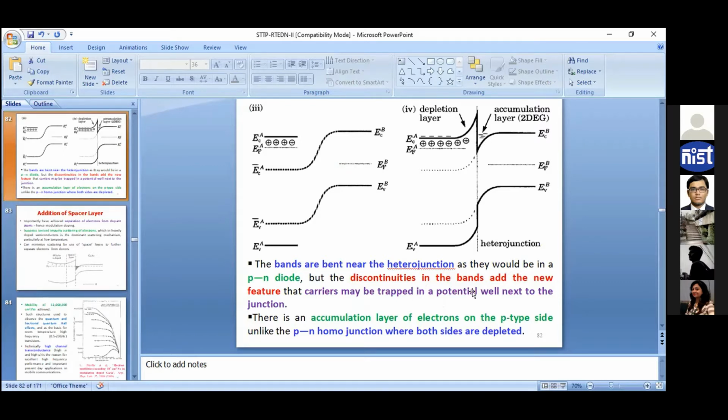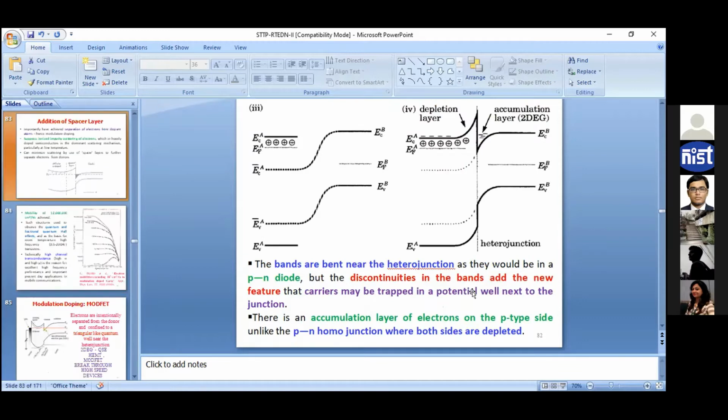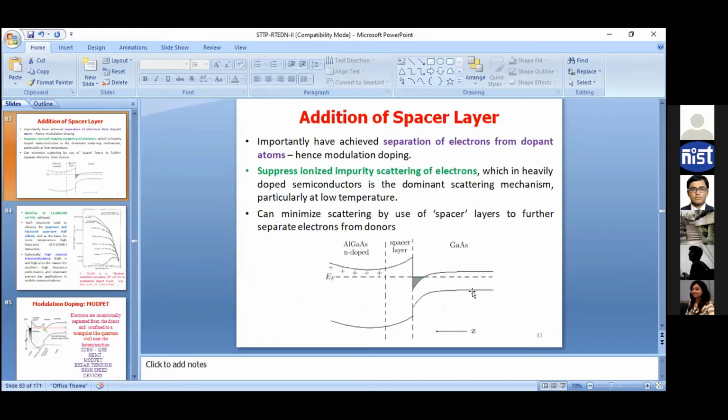Sir, one thing I have noticed in one of your slides, maybe 83 or 84. Yes, sir, 83. Why is there an upward bending in AlGaAs? That should be a straight line, I think.